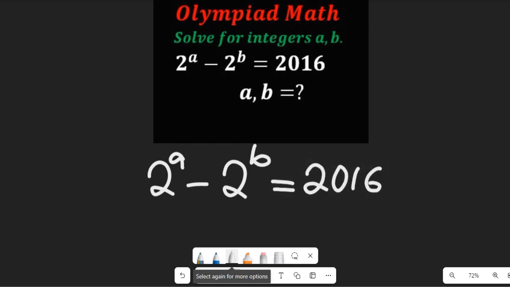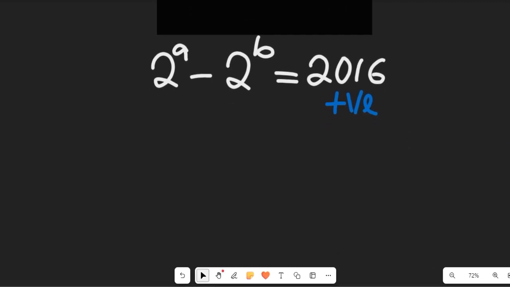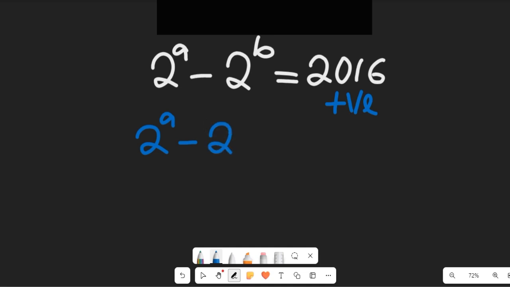2016, right? Now if you look at 2016, you find out it is a positive integer, right? So if 2016 is a positive integer, that simply tells me that 2 to the power of a minus 2 to the power of b will definitely be greater than 0, right?